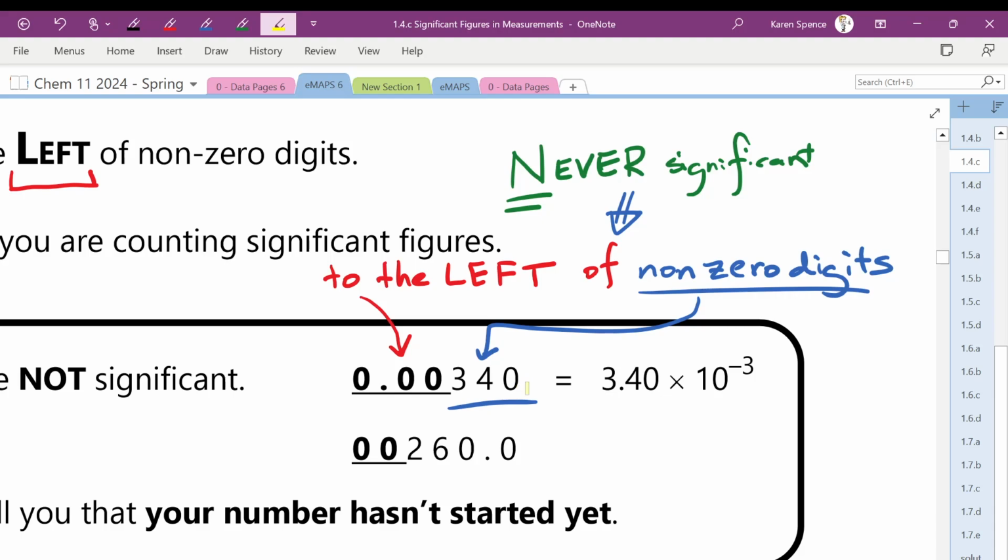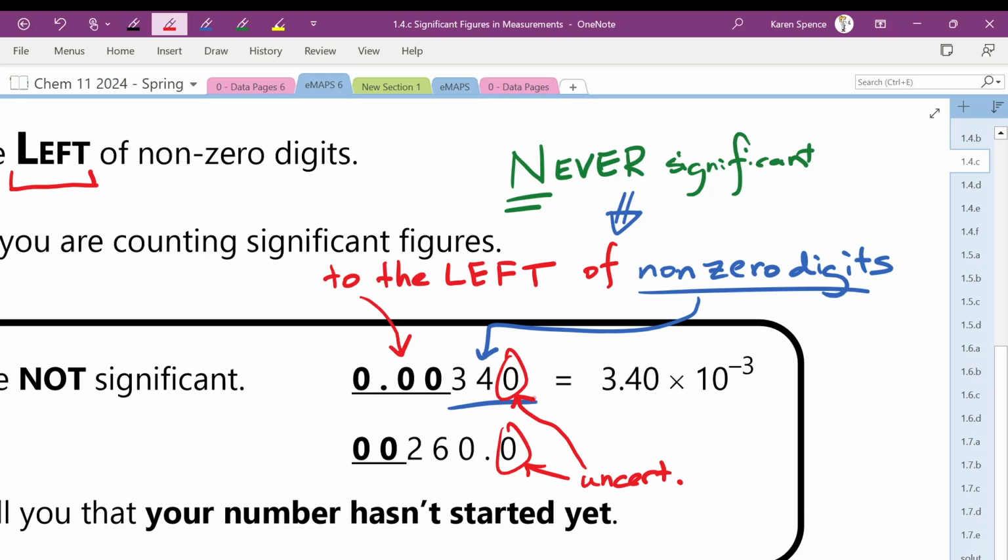Now I'm going to let you know right now that I'm going to circle our uncertain digit. Okay? This is our uncertain digit. And if you know that these zeros at the beginning are never significant, if you're counting your sig figs, you go not significant, not significant, not significant.